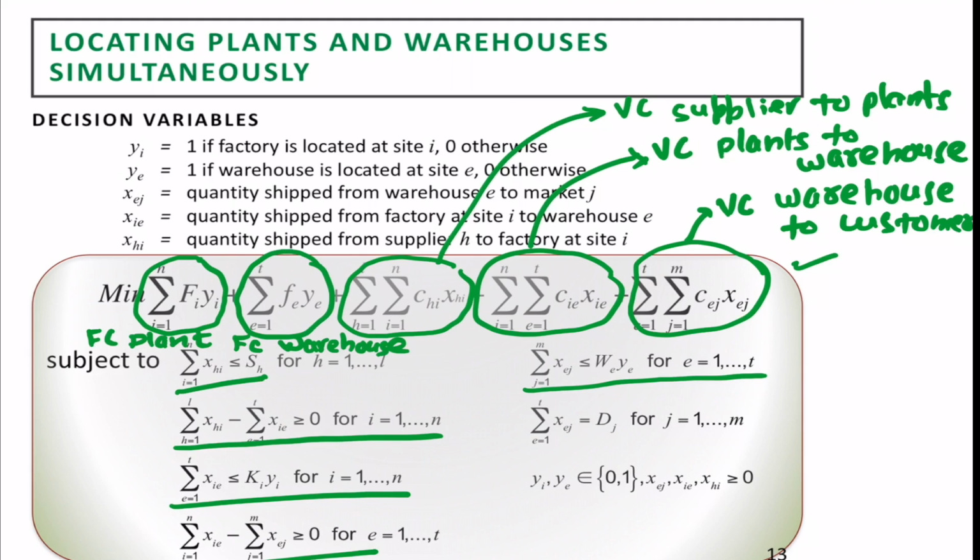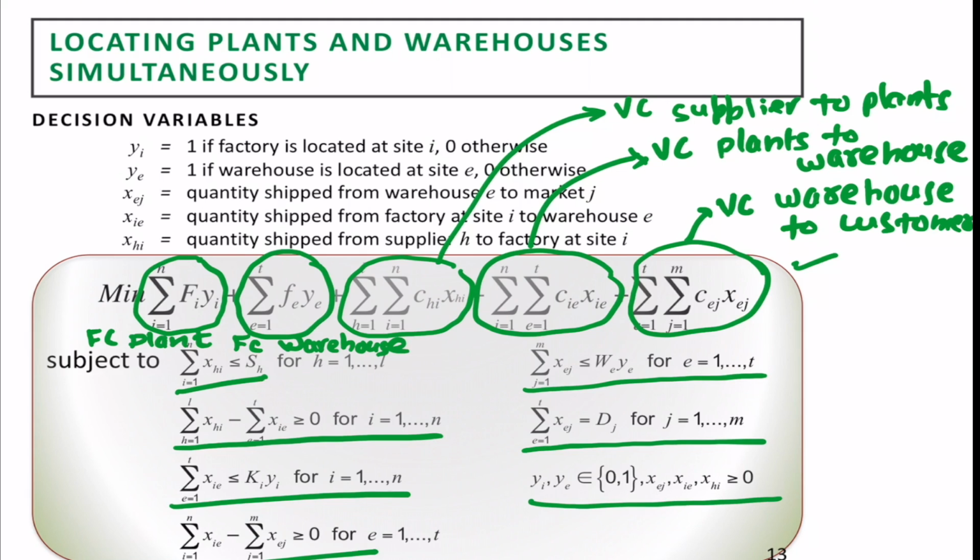So if a warehouse can store, let's say hypothetically, only 100 items, that warehouse obviously cannot ship 200 items. This one says that the amount that is shipped to the customer basically should cover the demand. So if there is a demand for 10 items, all that demand should be met.